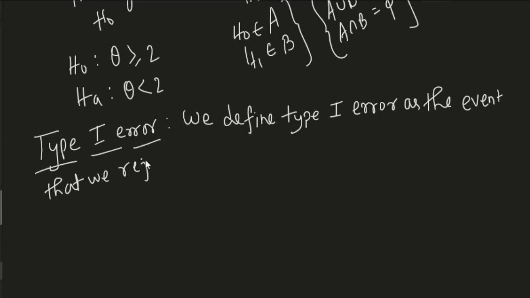Type 1 error is defined as the event that we reject H naught when H naught is true, and we can find the probability of type 1 error. So it basically is this.